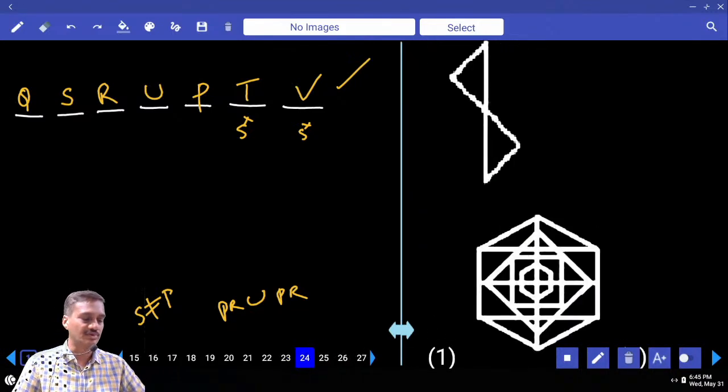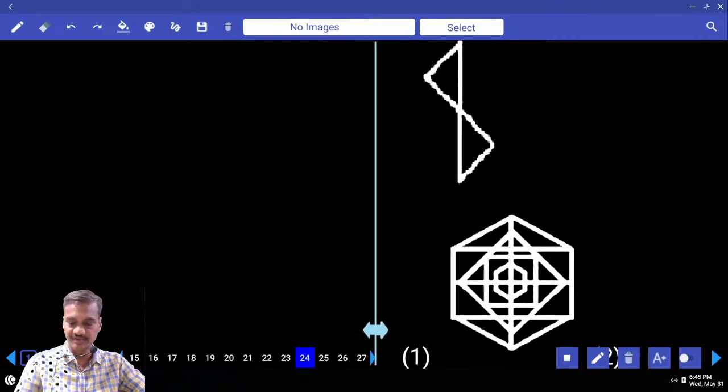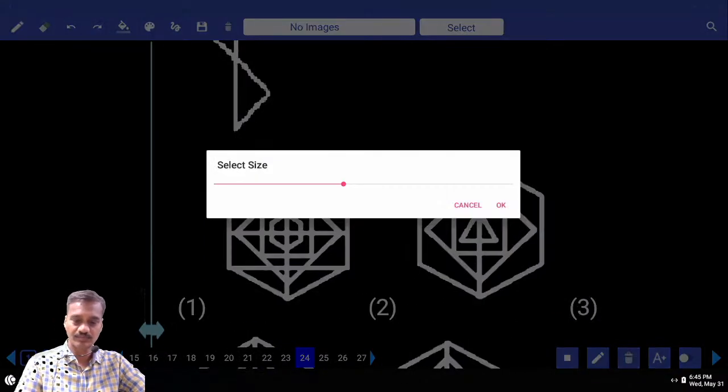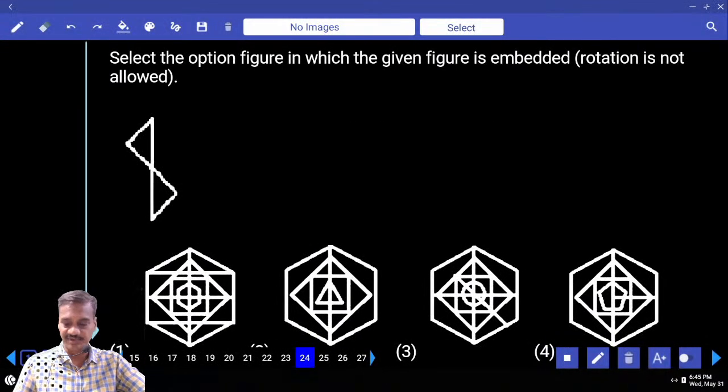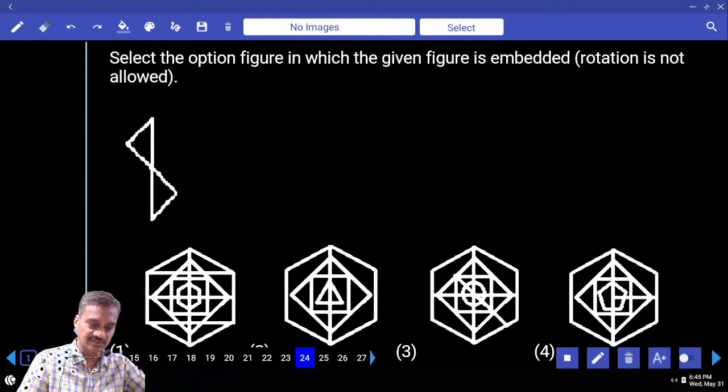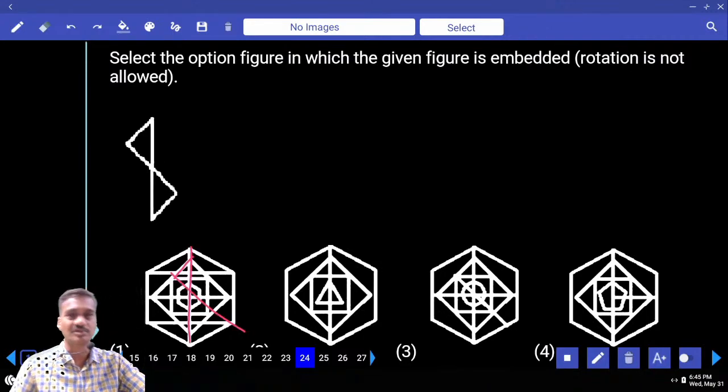Then the 24th one. Now in this question number 24, we need to check for the embedded figure. What is your answer in this case? Third option. The first one has no chance. Now in the first one, this is the straight line, and from here a slant line is not there.